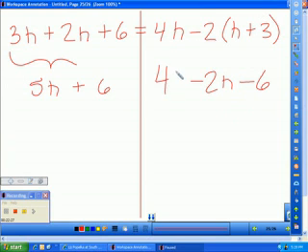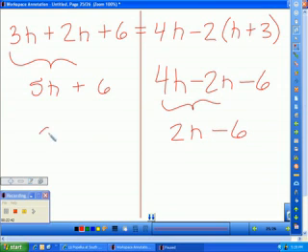Now, just bring down your h. So it's 4h minus 2h minus 6. Then I've got another set of like terms I can combine. 4h minus 2h is 2h. Bring the rest of the equation down. Now I've got to get rid of one of those variables.